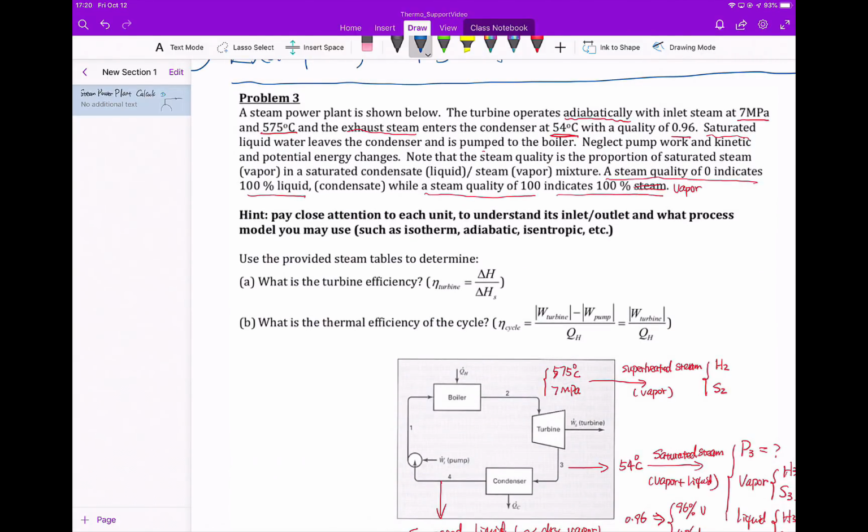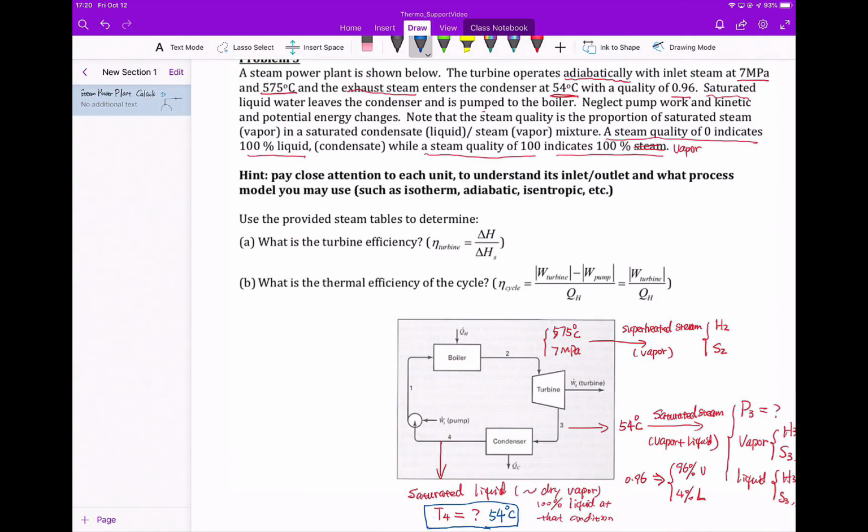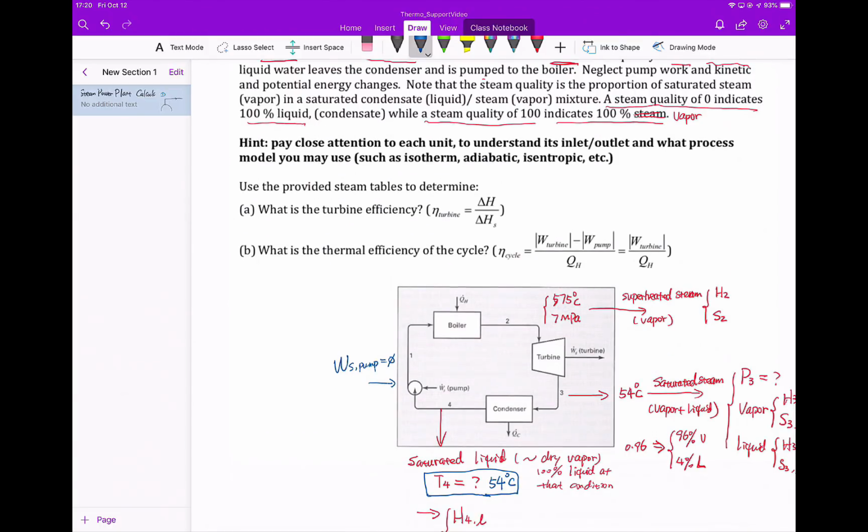Now it says neglect pump work and kinetic and potential energy change. So for the pump over here, the shaft work of the pump is 0. The delta U change would be 0.